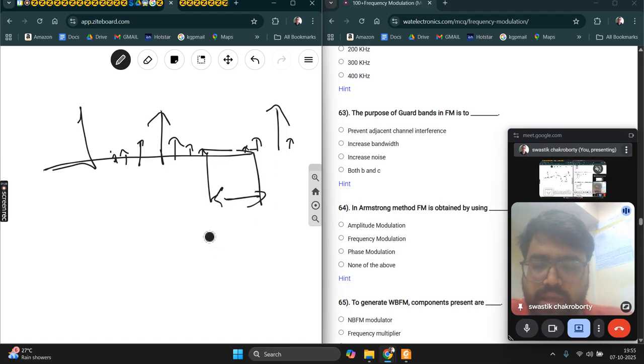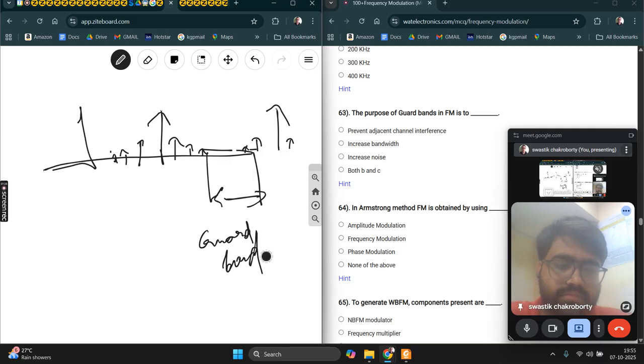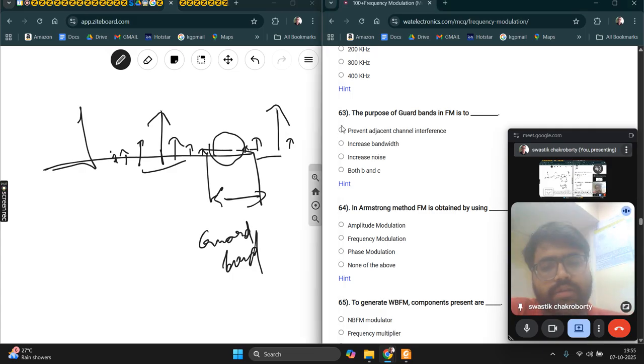This gap is called the guard band. If this gap is not there, then there will be interference between this channel FM and this channel FM. To prevent adjacent channel interference, we use guard bands.